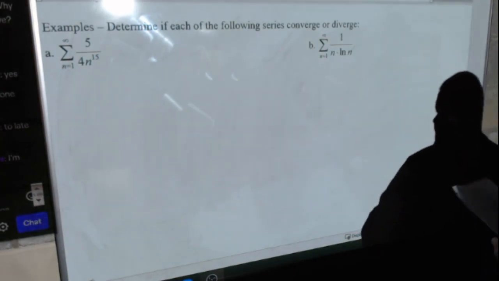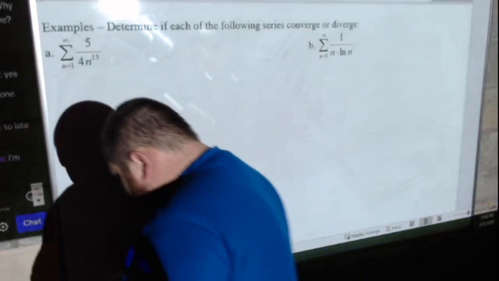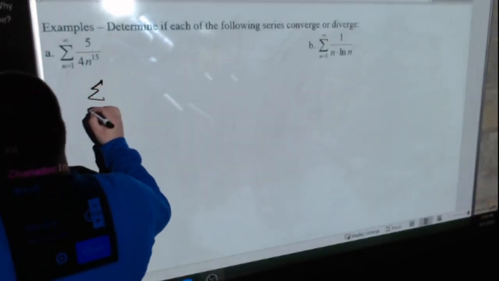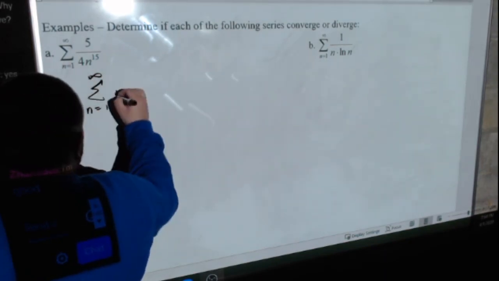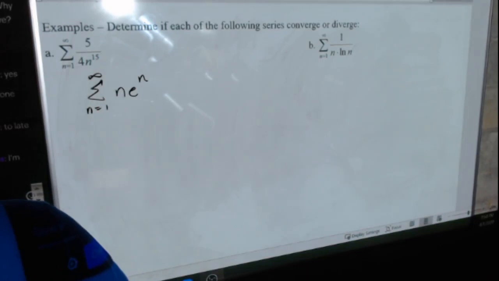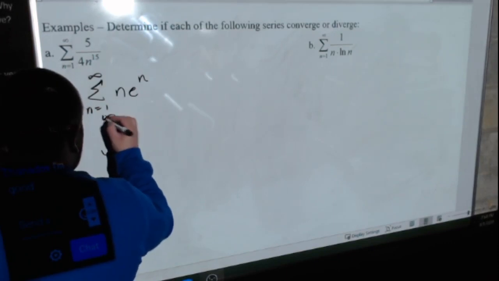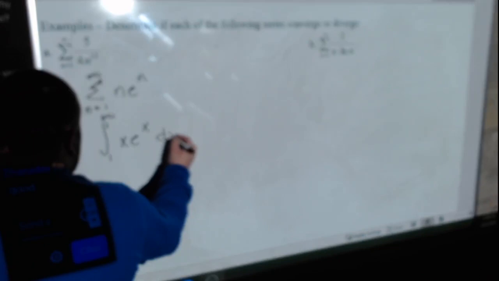So there's one more down here. It's the sum from n equals 1 to infinity of n e to the n. So again, change it to an integral from 1 to infinity, x e to the x dx.